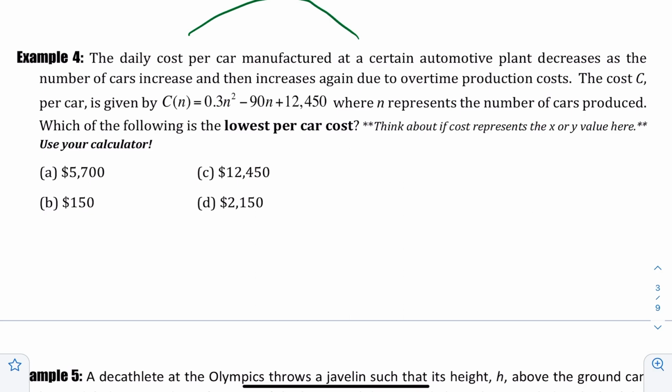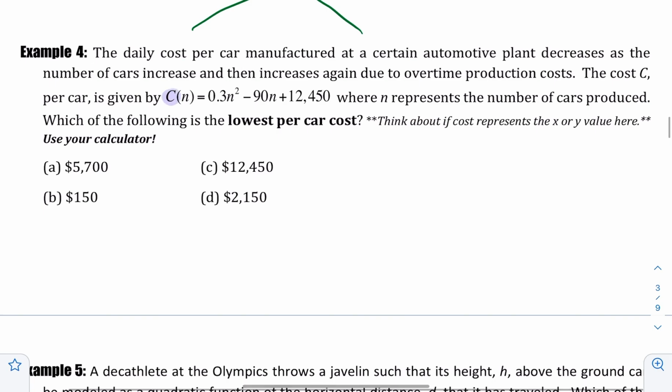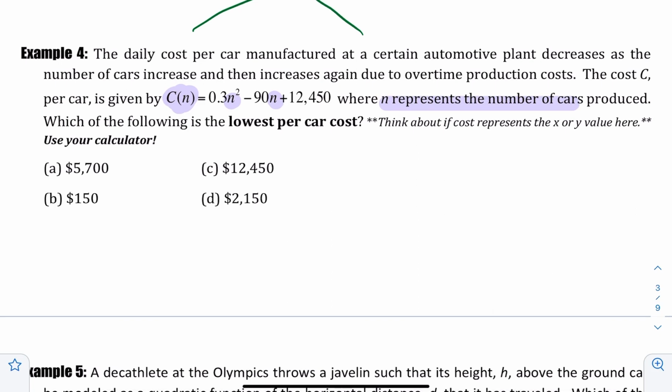Is my cost going to be my x value or my y value? Now this function is laid out as C of n. Now n is the input because that's what's in my equation. So n is the input, and n represents the number of cars, which means that C is my cost. Again, C is the cost, or the y value.